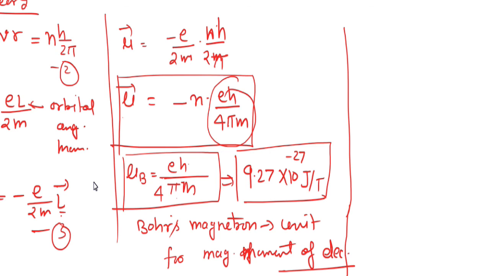As you know, there are different units for different physical quantities. So this Bohr magneton is a unit for the magnetic moment of an electron. So in the next lecture we will start the different types of magnetic materials.